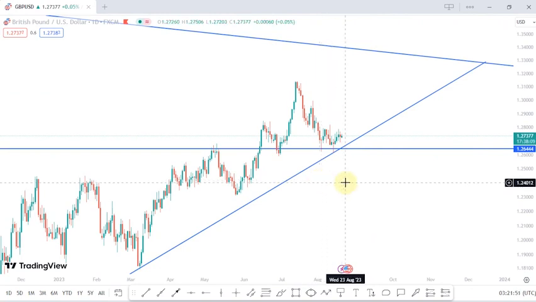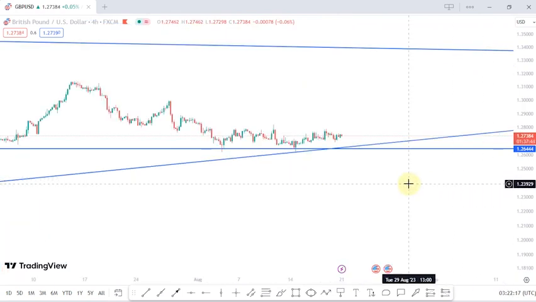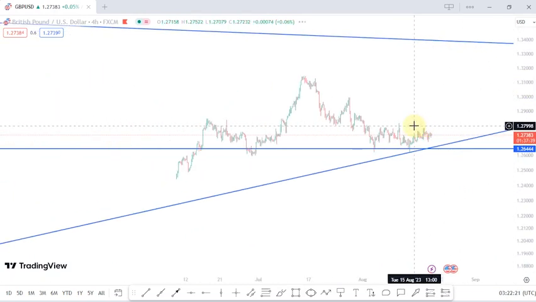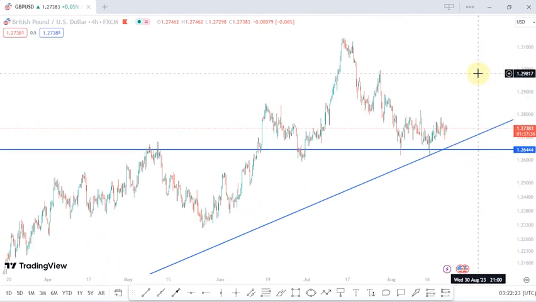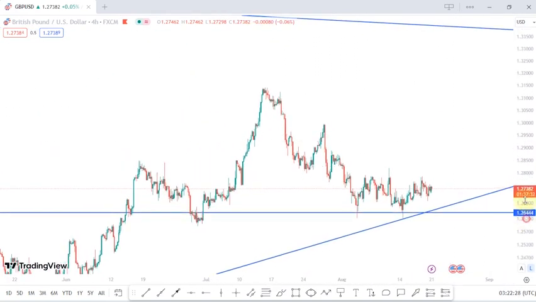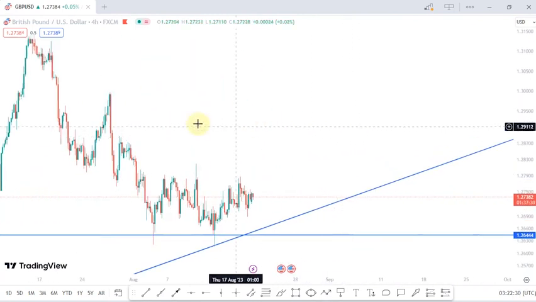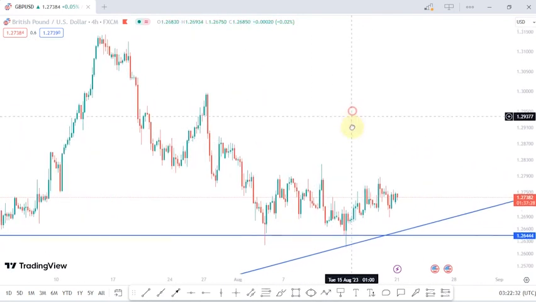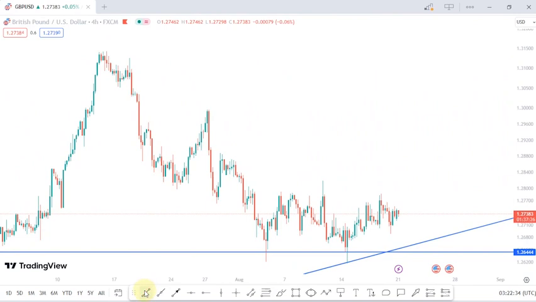I can still go down to the next time frame to see what I can find. So from daily, I move over to 4 hour, and what can I find here? So we're going to draw a trend line.